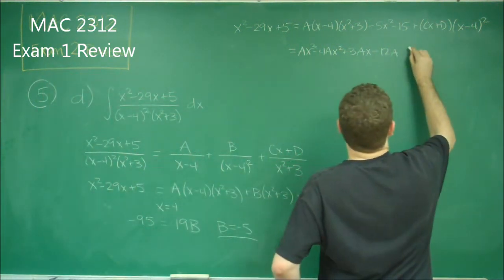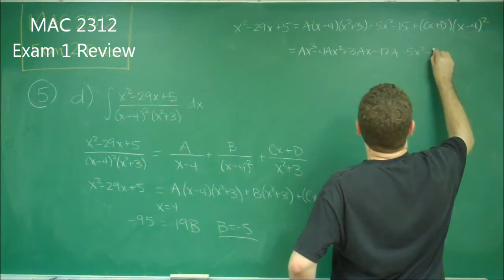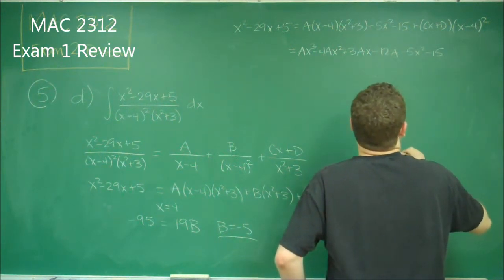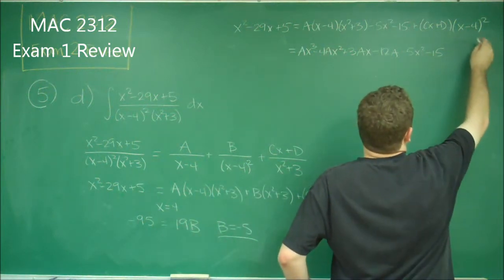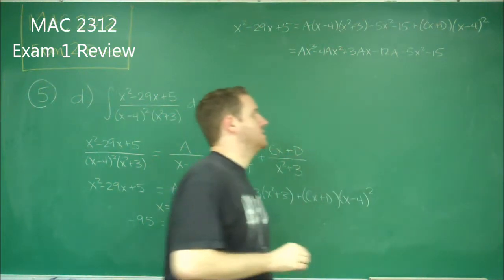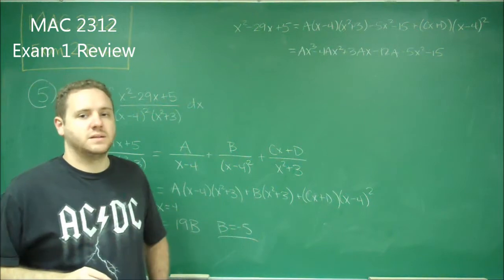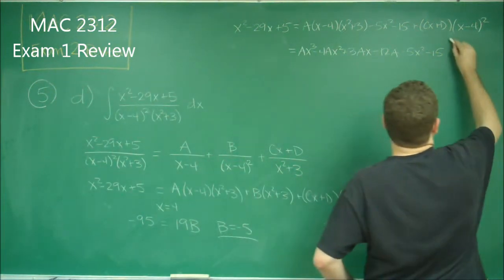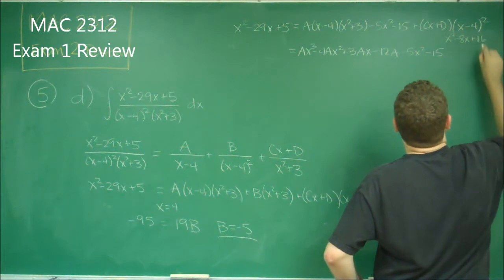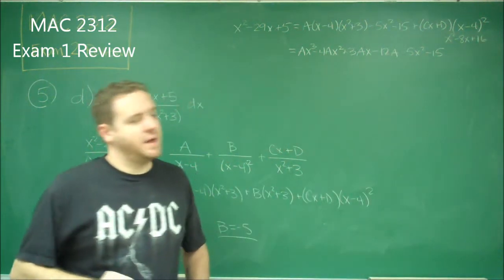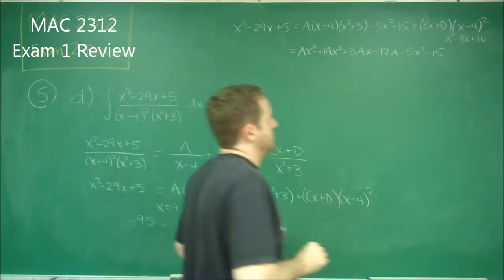So we have minus 5x squared minus 15. And I'll just start right on the next line here. So x minus 4 squared is x squared minus 8x plus 16. So let me write that there, just so that distributing in that becomes a little bit easier.